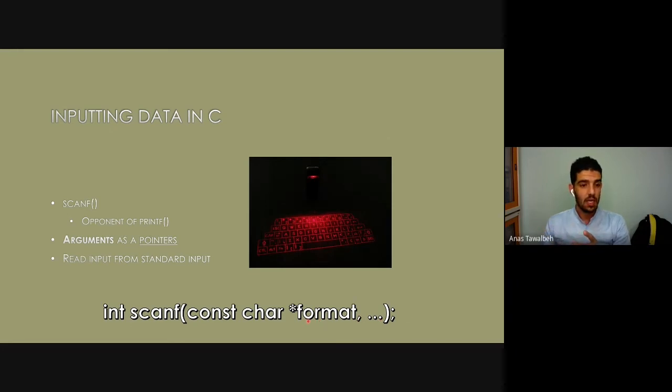However, we need to treat it with care because arguments in scanf are pointers. That's why we add the ampersand, the address-of operator, okay? Because we're dealing with the address of the variable. And scanf mostly reads from a keyboard, or what we call standard input.